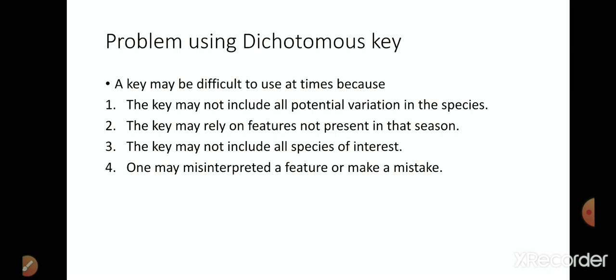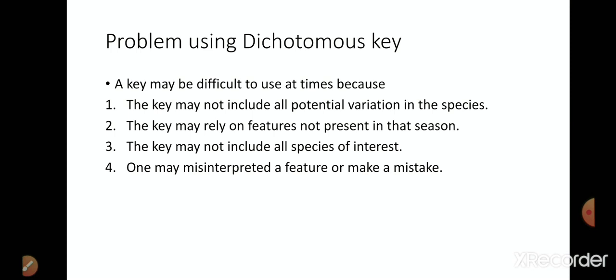Next, the key may not include all species of interest. We know that the earth has a lot of variation in plants and animals. There are a lot of animals and organisms living on planet earth. So all the species regarding one class or one kingdom are not included in a key, so all the species of our interest may not be present in a key, and that is a disadvantage.